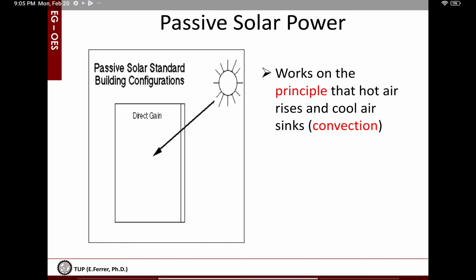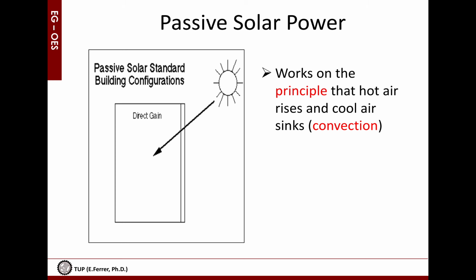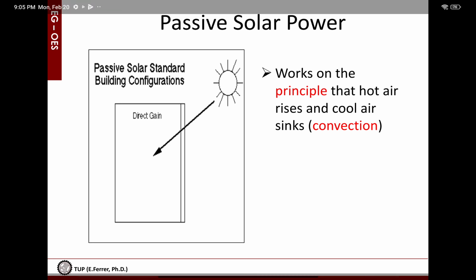Now we go to passive solar power. In passive, this works on the principle that hot air rises and cool air sinks, convection. So we have a passive solar standard building configuration, direct heat gain of the sun.